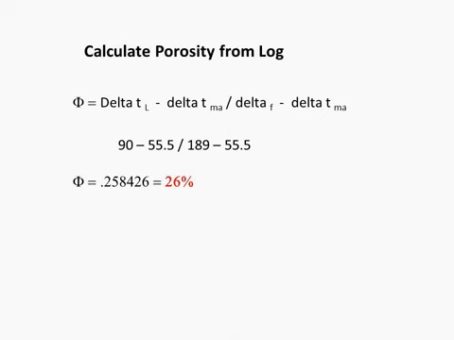Therefore, we can calculate porosity from the log. Again, porosity equals delta T log minus delta T matrix divided by delta T fluid minus delta T matrix. Delta T log is 90, minus delta T matrix 55.5 for unconsolidated sandstones, divided by 189, which is delta T fluid, a constant, minus 55.5 delta T matrix.